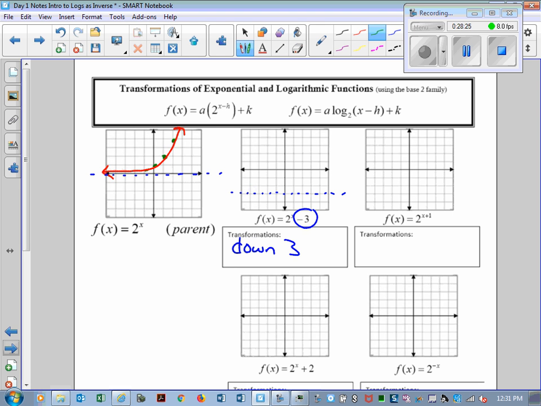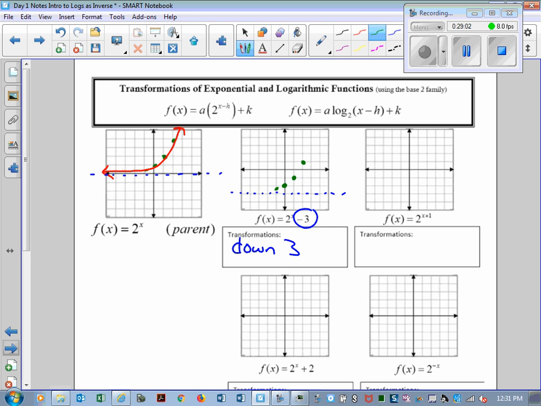You can draw your graph relative to your asymptote, or you can take your parent function points and move all the points down 3. All right? Because I'm looking here and I know from the origin I go up 1 and there's a point. So from the intersection of my asymptote and the y-axis, I know I'm going to have a point there. I know my next point is up 1 and over 1. I know my next point is up 3 and over 2. Back 1 and down 1/2.